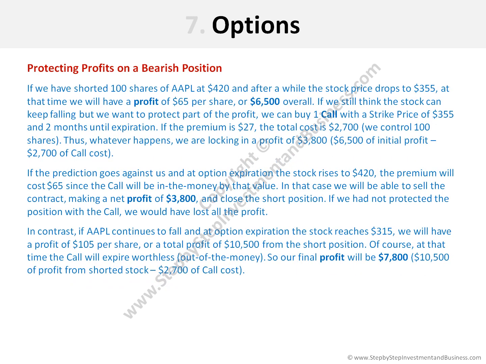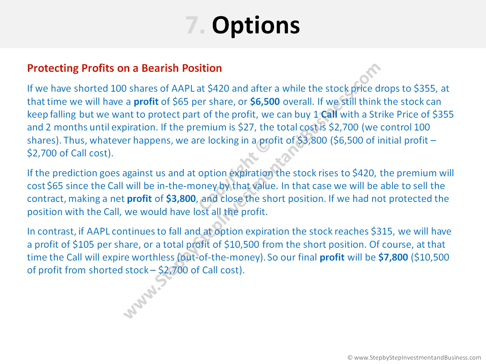Now let's see how to protect profits on a bearish position. If we have shorted 100 shares of Apple at $420, and after a while the stock price drops to $355, at that time we will have a profit of $65 per share, or $6,500 overall.